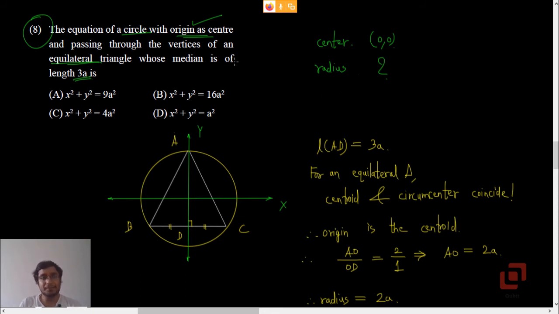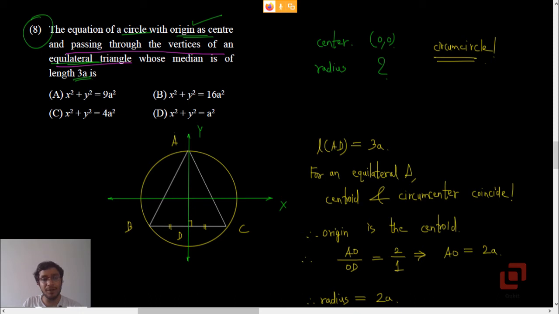To do that, we will take the help of the second part in the problem statement, passing through the vertices of an equilateral triangle. So again, this circle is acting as the circumcircle of the equilateral triangle. Now there is something else that is given in the problem.